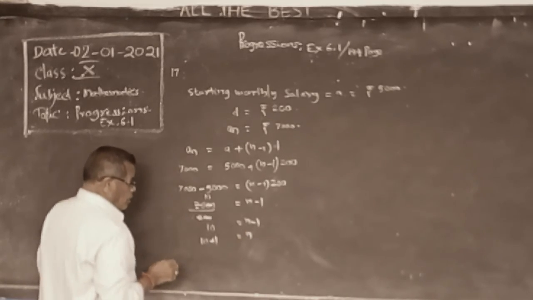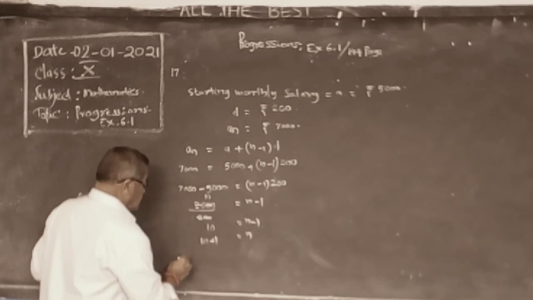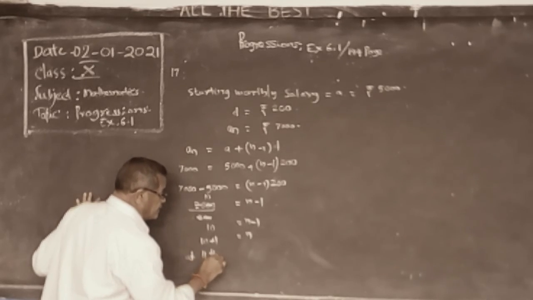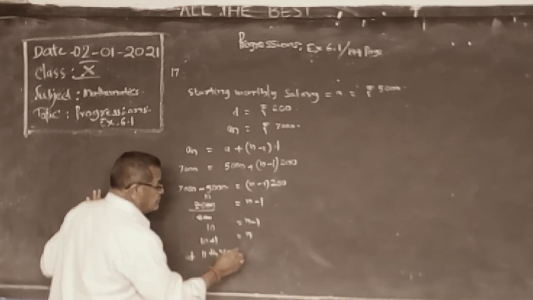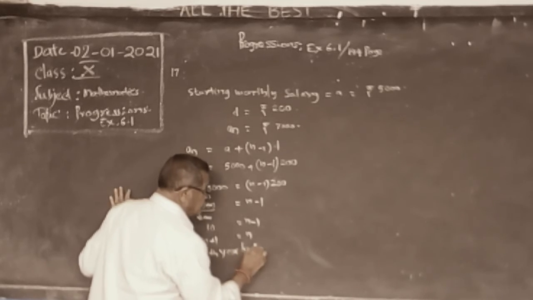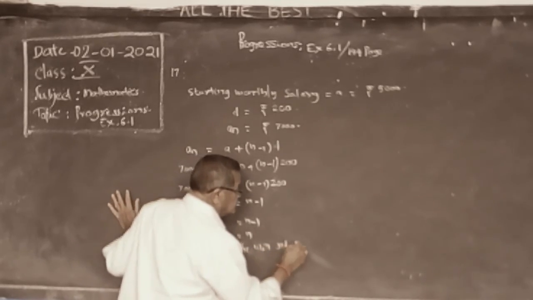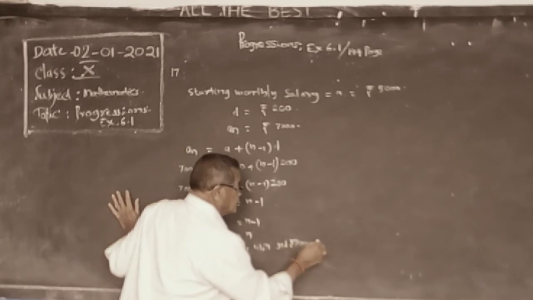Therefore, at the 11th year, the salary is 7,000 rupees.